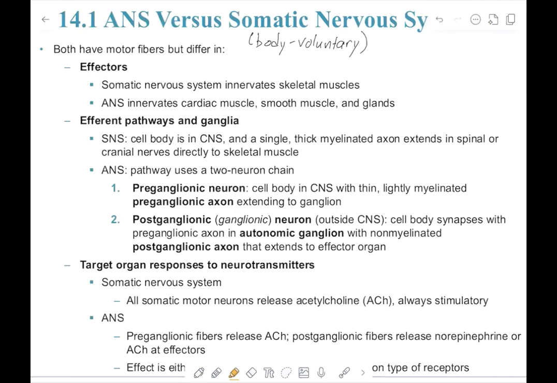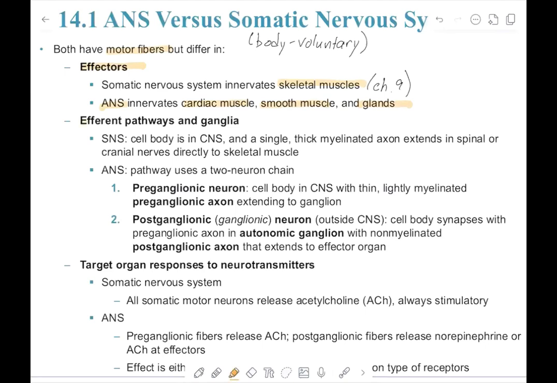So it deals only with motor fibers, effectors, which innervate cardiac muscle, smooth muscle, and glands, whereas the somatic nervous system is skeletal muscle. And that's essentially what you learned about in chapter 9 with skeletal muscles.